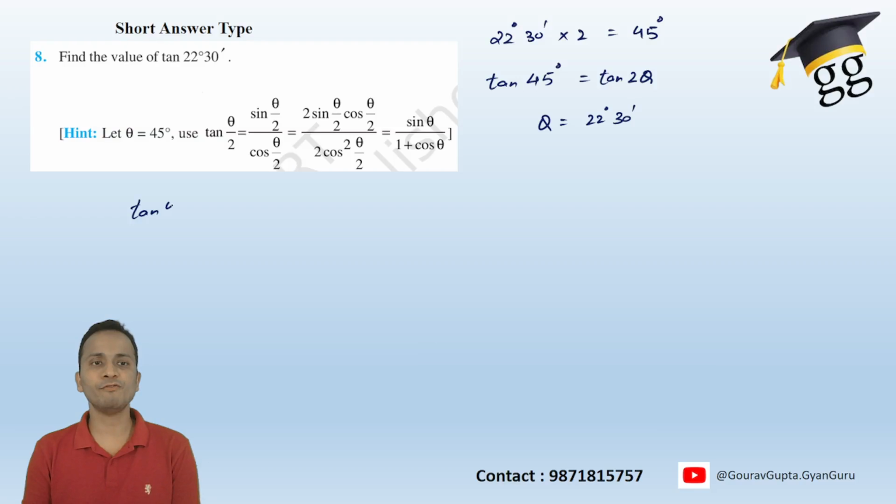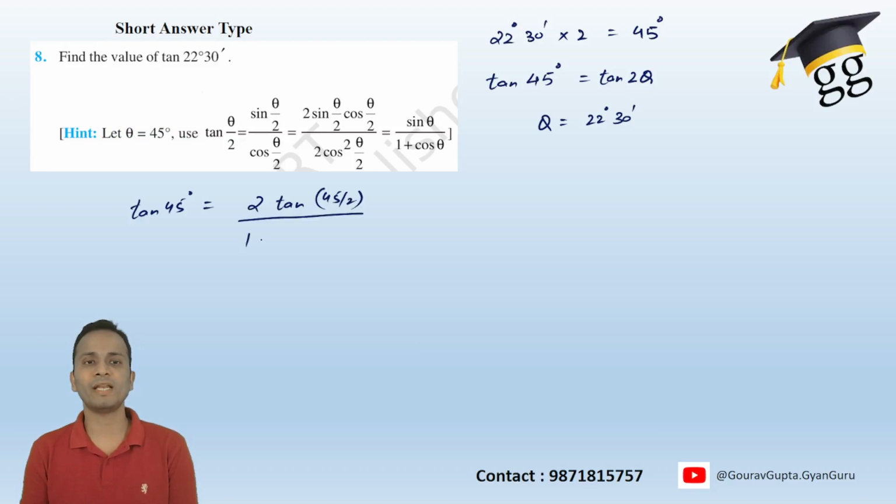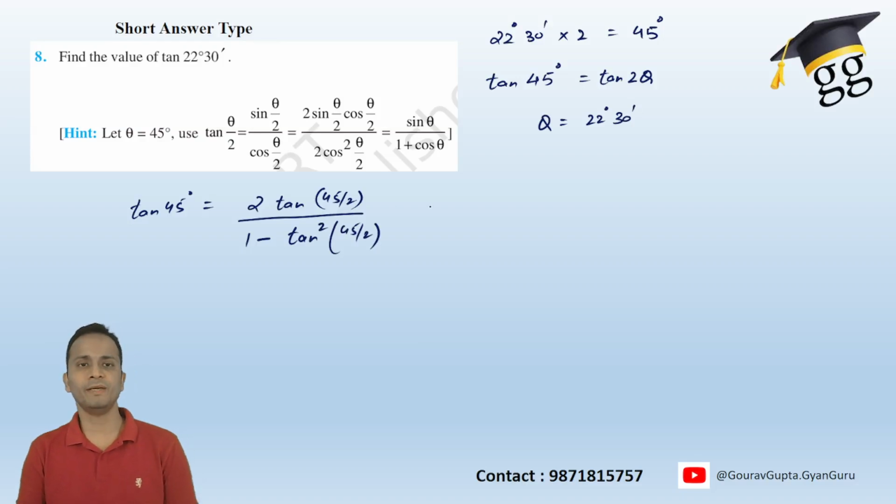So tan 45 degrees can be written as 2 tan (45 by 2) upon 1 minus tan square (45 by 2). Now tan 45 by 2 is tan 22 degrees 30 minutes.